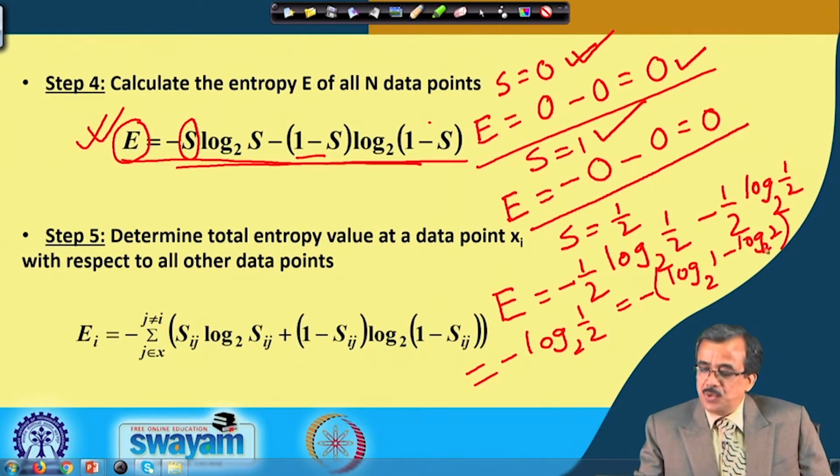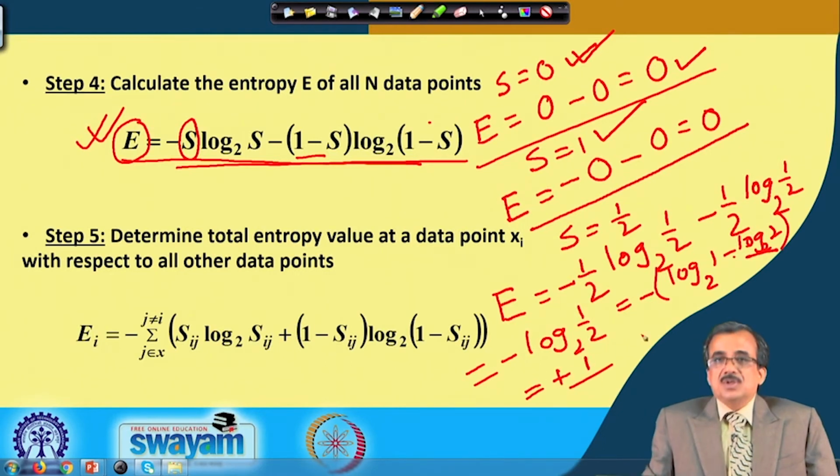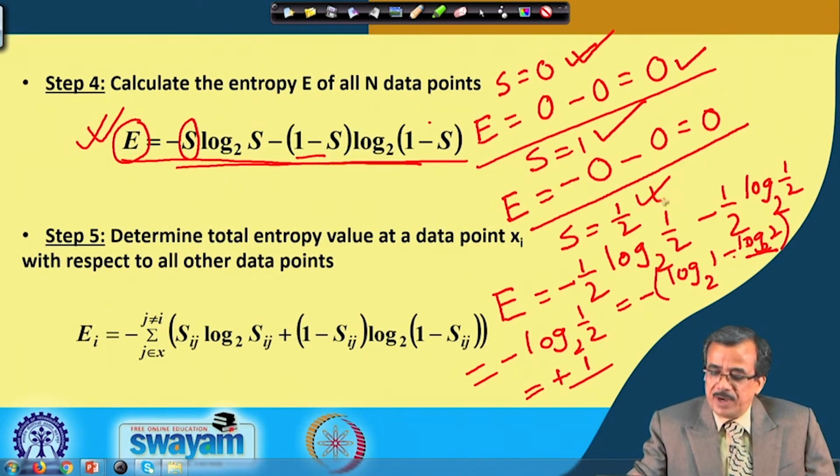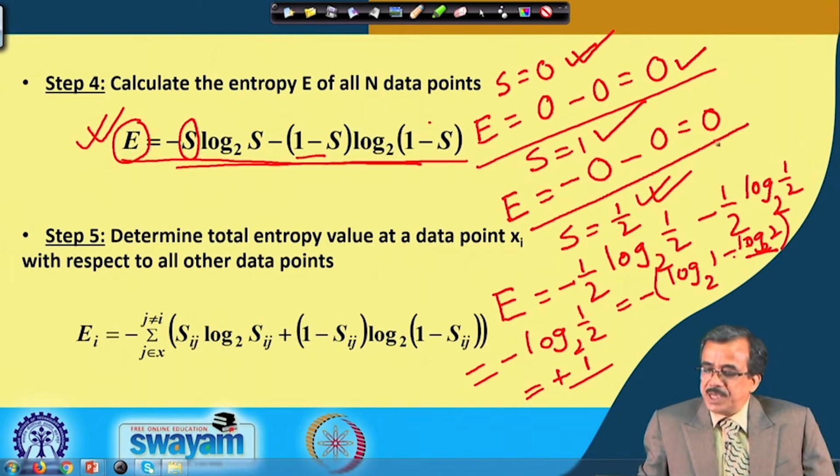Now, log 2 base 2 is 1 and log 1 base 2 is equal to 0. So, I will be getting minus 1 here and I have got minus here, so minus and minus will become equal to plus 1. So, when similarity is 0.5, entropy becomes equal to 1.0.